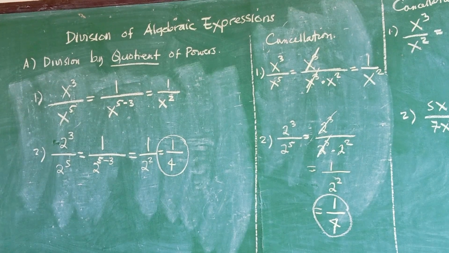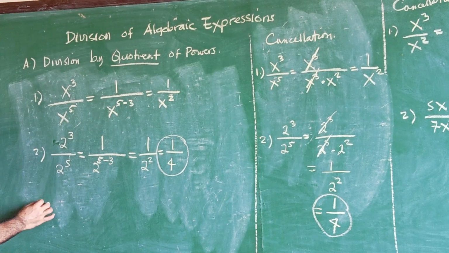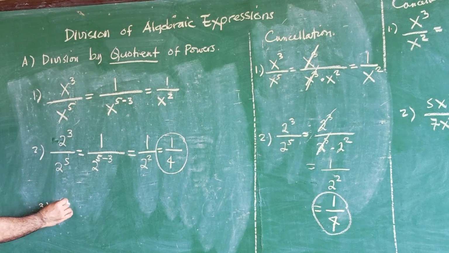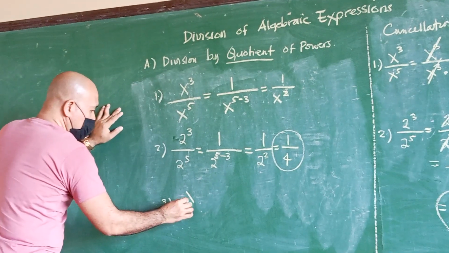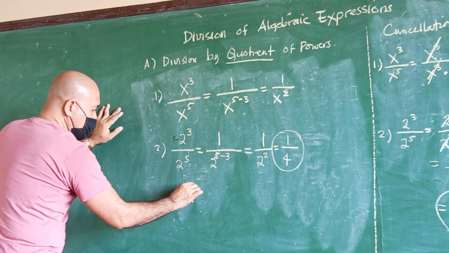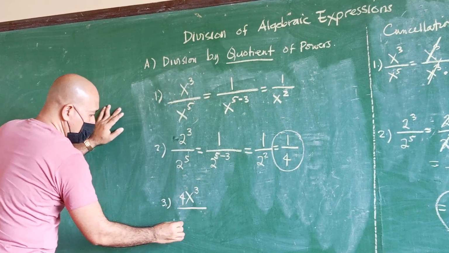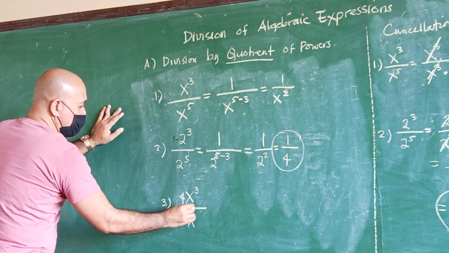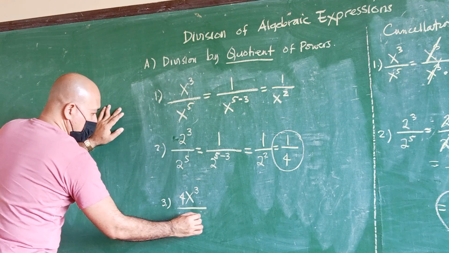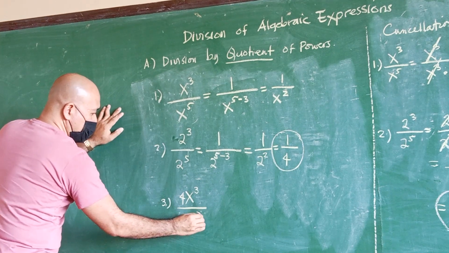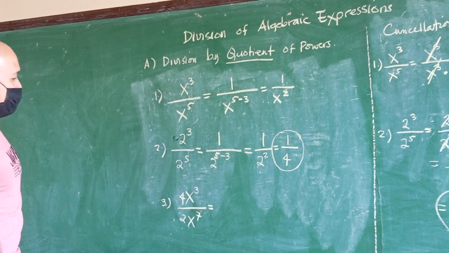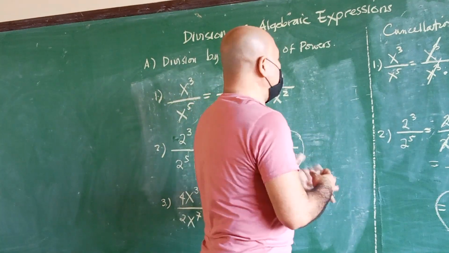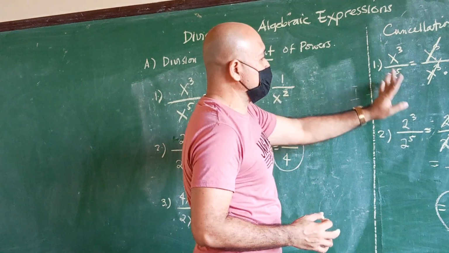Okay, so how about if we have this one? The last one we have x cubed. For example, you have 4x cubed over 2x raised to the power of 7. So what is the result? You can also do it either with this one or the cancellation.